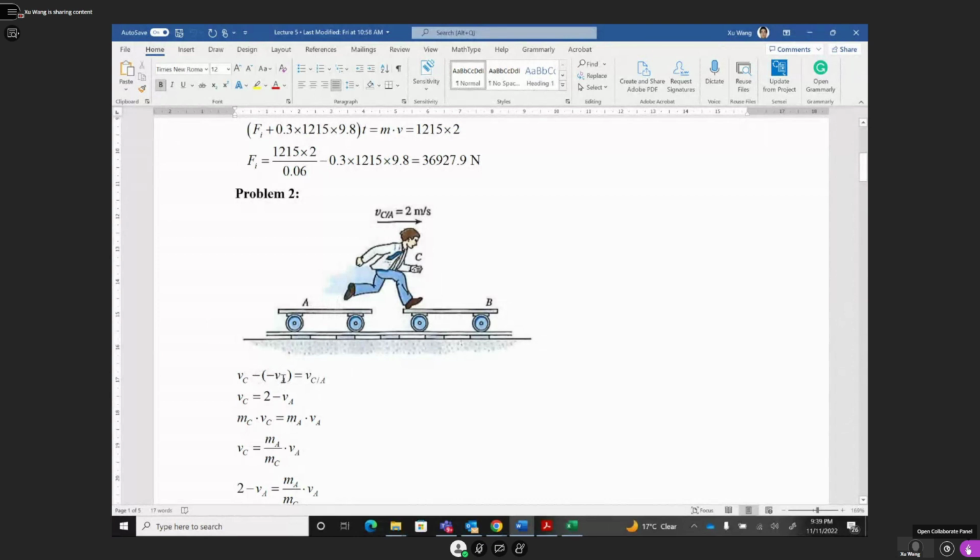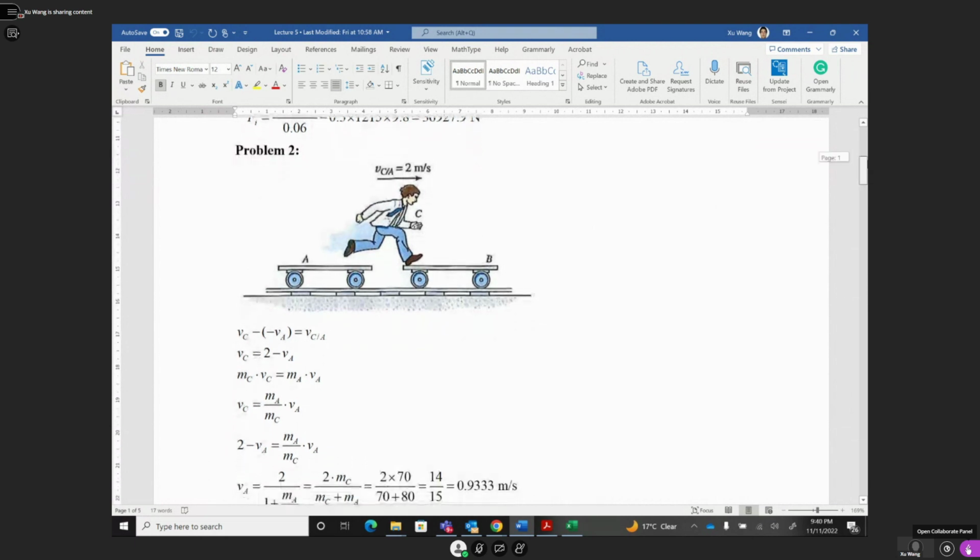That's V_C minus V_A equal to the relative speed of C with respect to A. Here V_A is in the opposite direction, so minus V_A, because you assume your positive direction points to the right. In this case, you get V_C equal to V_C/A, 2 meters per second, minus V_A. So V_C equals 2 minus V_A, right?